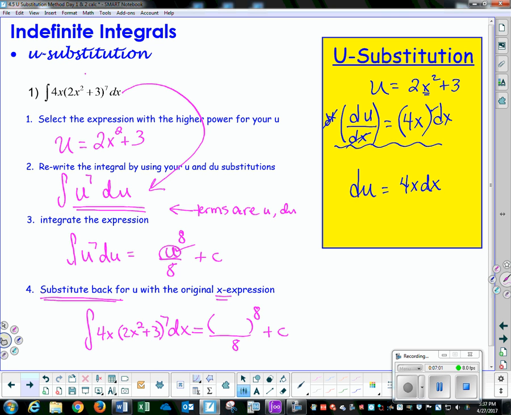Well, let's replace this u back with what u was originally representing. So 2x squared plus 3. And there's our answer. If you don't like the 8 underneath, we could call it a 1/8 times 2x squared plus 3, in parentheses, raised to the 8th plus c. Maybe you like that picture better.